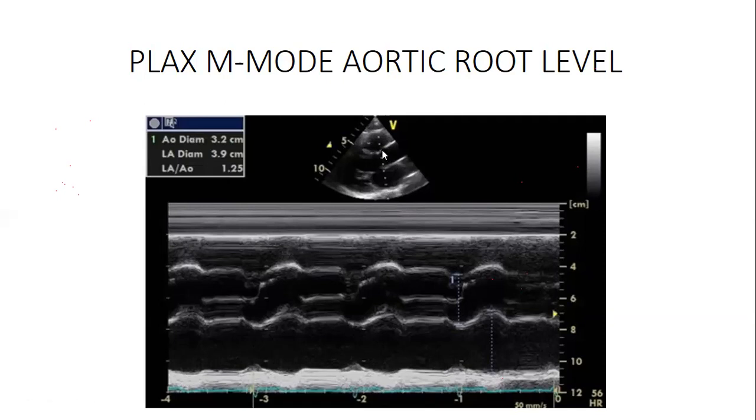Okay, from here now, I've moved from that structure. From this point up to here, the one I've measured, what structure is that? Your job is to know the structure. It's the aortic root. So it's the distance from there to there. We move. Are we clear there?